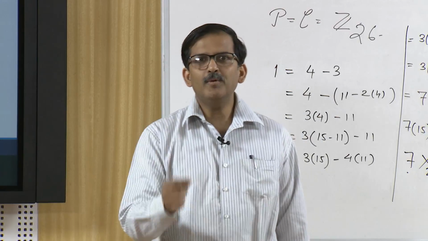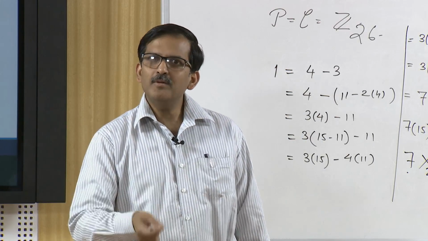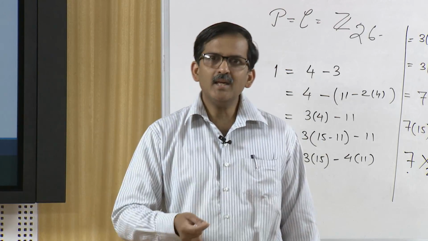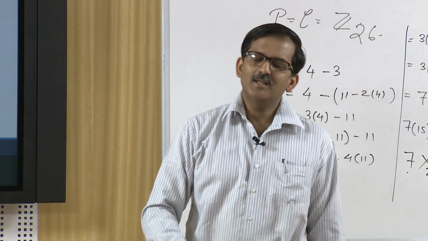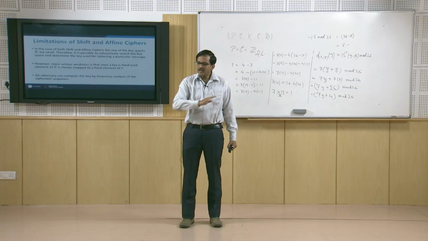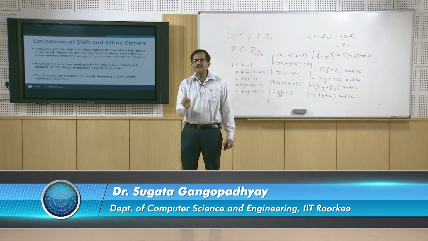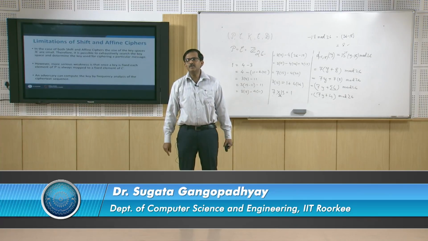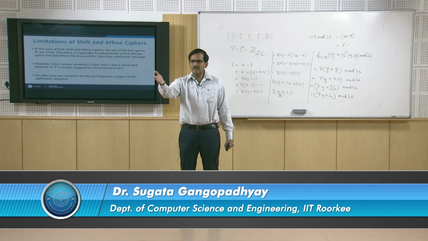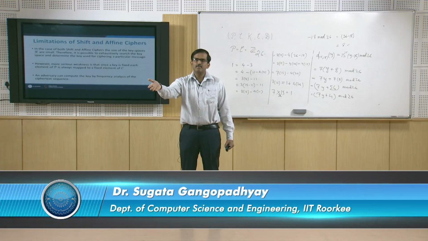That means, suppose in any one of these ciphers A is transformed to M for a particular key, then wherever in the sequence A is encountered, A is going to be encrypted to that particular letter, let us say M.